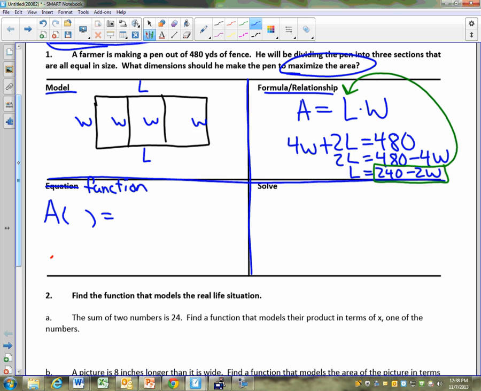Will your new equation have the variable L, or will your new equation have the variable W? W. So we put a W there.